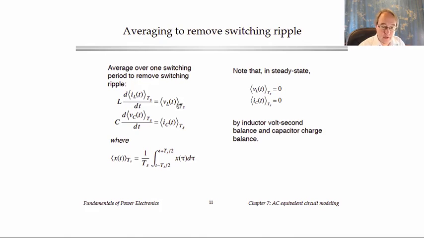In fact, if you look at what happens to these equations in steady state, when the transients have settled down, then the derivatives of the inductor currents and capacitor voltages go to zero. And that's what happens when we reach steady state. So in that case, the left-hand sides of these equations go to zero, and what we're left with is the right-hand side equal to zero.